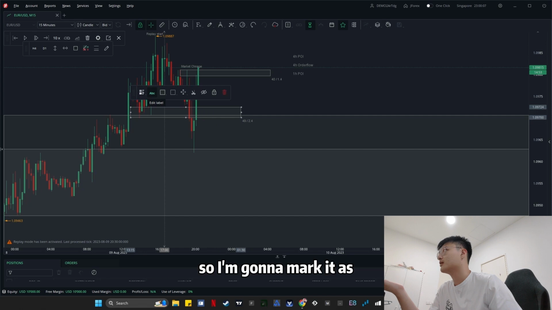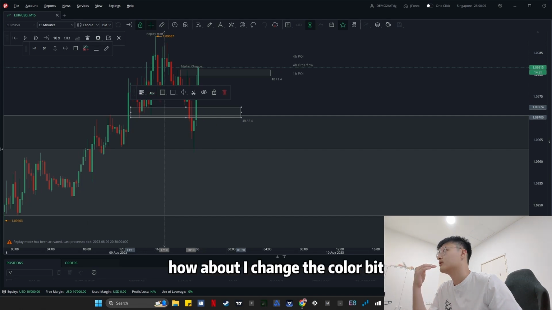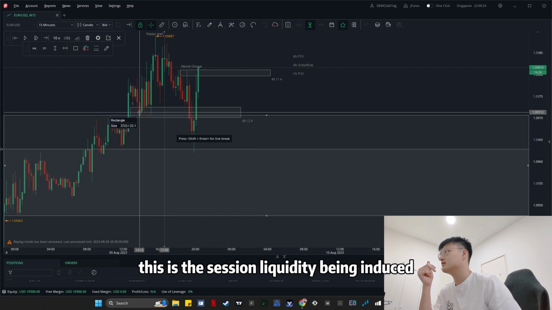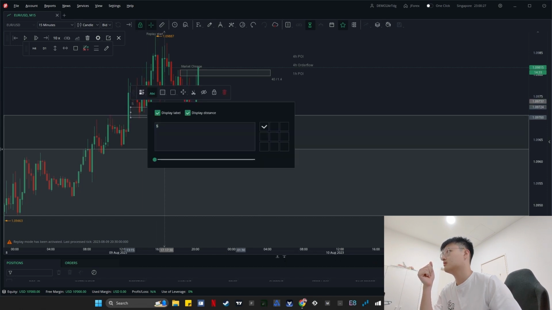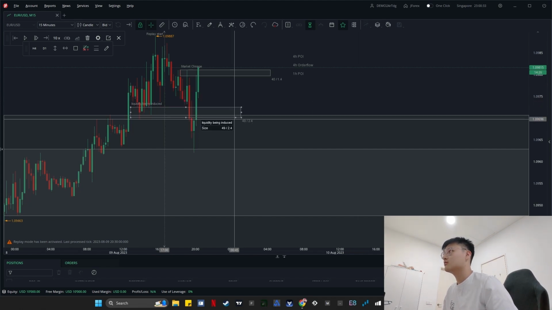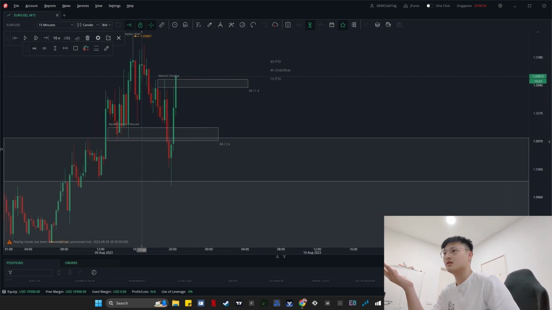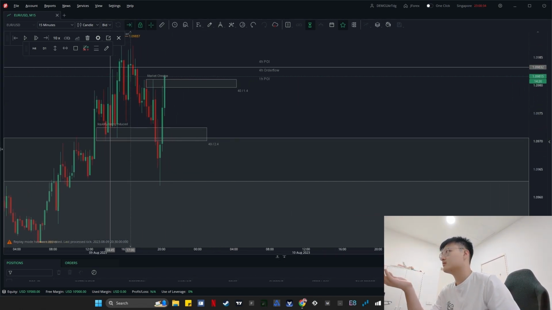I'm going to mark it, how about I change the color a bit. So this is the session liquidity being induced. This is liquidity being induced in this area. So it made a market shift here, just a little bit of a hiccup.